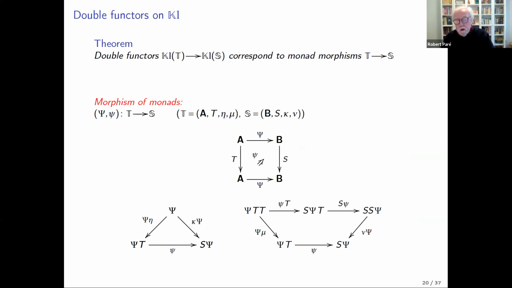Now, what do double functors between the Kleisli categories look like?